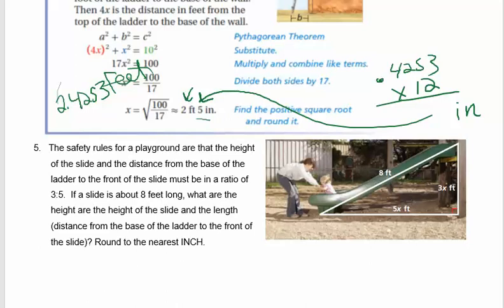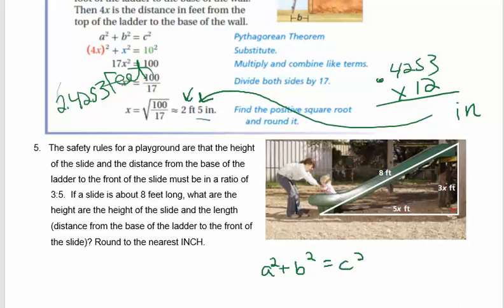In this one, we're trying to figure out the length of, it says that the ratio of the slide must be in a ratio of 3 to 5. So this has to be 3 feet, this has to be 5 feet, or this could be 6 and this could be 10. It has to be in that ratio. So they already wrote the 3x here and the 5x here. So what you need to do is find the height.